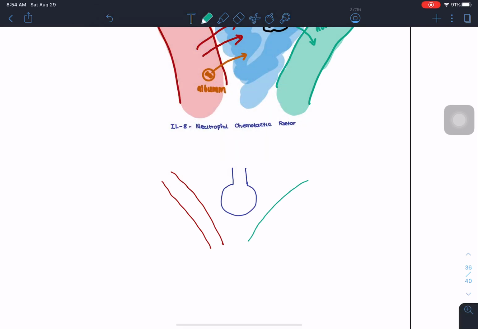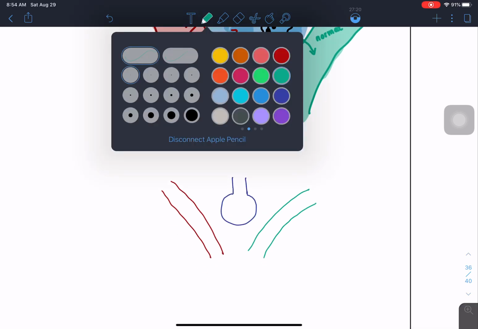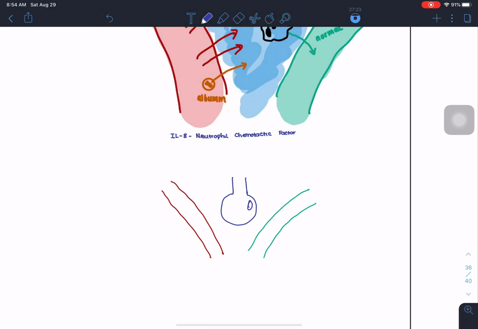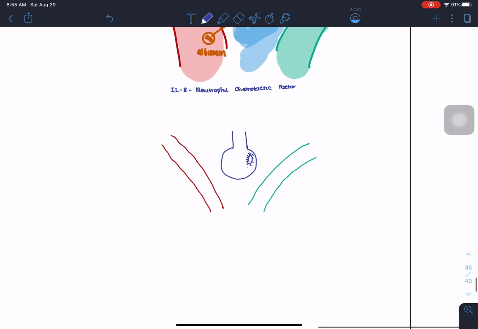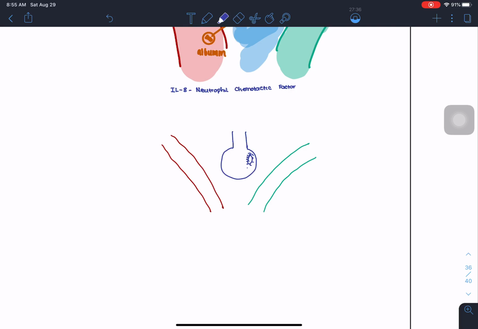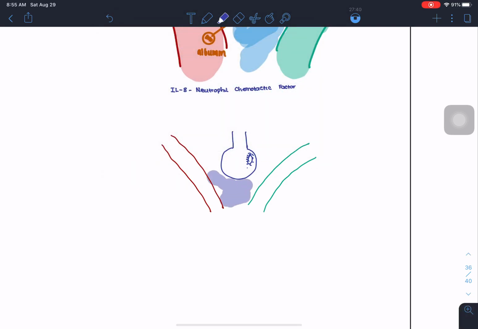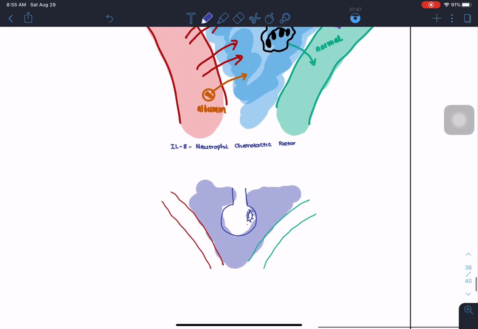I drew the lymph drainage here. So what happens is, you have the bacteria which will come and cause an immune response. In this immune response, first and foremost, remember, you get fluid accumulation, edema. First comes the fluid, next comes the neutrophils.